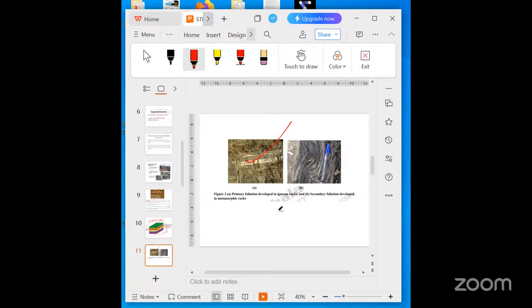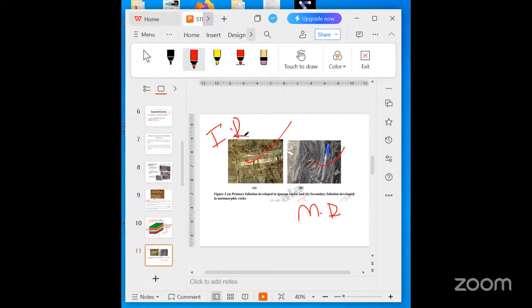Another one is secondary foliation. This is called secondary foliation. It is used for layers found in metamorphic rocks. These are the igneous rocks, right?